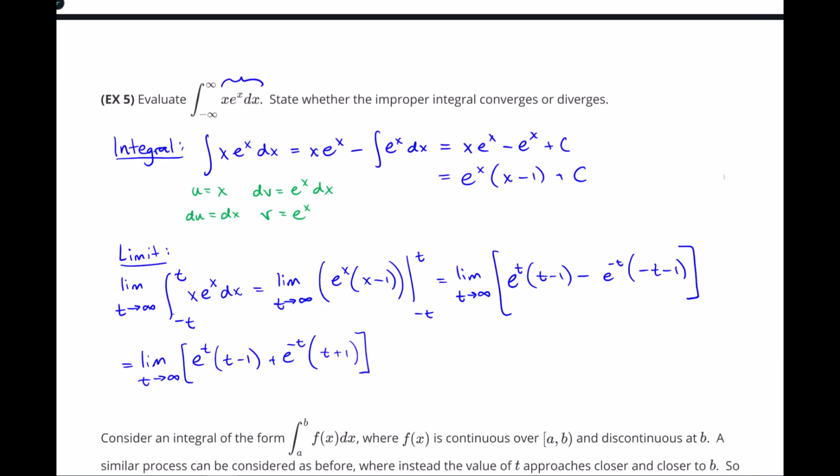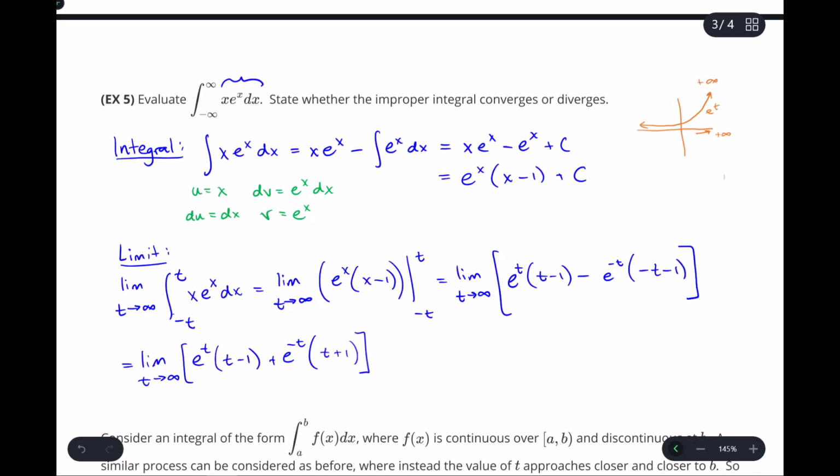Okay. Now, evaluating this limit. You might think that it's rather obvious, but you've got to really be careful with infinite limits. So the function e to the t, let's look at its graph. As we go to positive infinity, clearly e to the t goes to positive infinity.